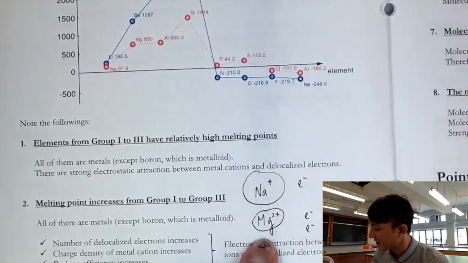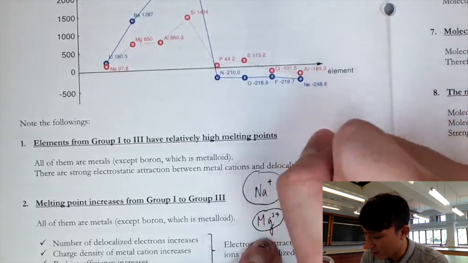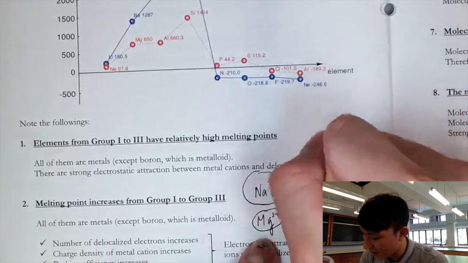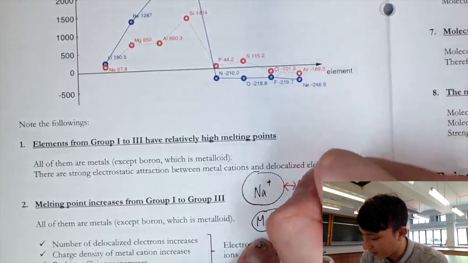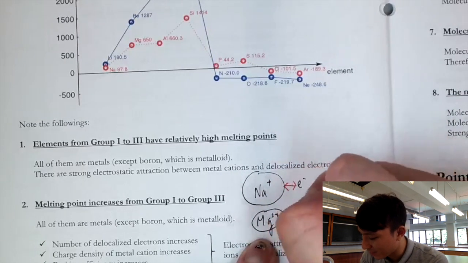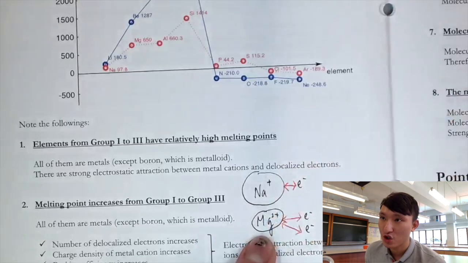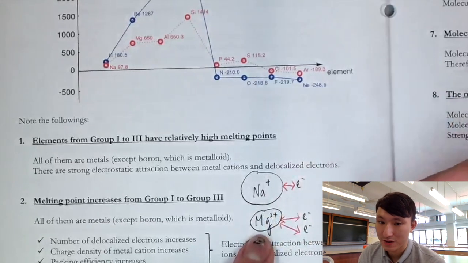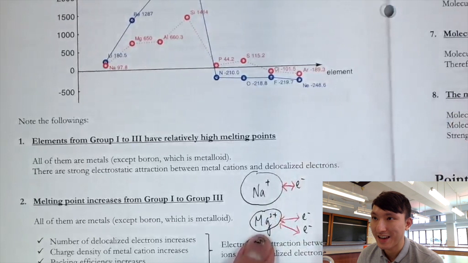Magnesium, having a higher charge, should be smaller in size. We say that there should be electrostatic attraction between the ion and the delocalized electron, but there are 2 electrons for magnesium versus 1 electron for sodium. So you can tell the metallic bond is stronger in the case of magnesium when compared to sodium.